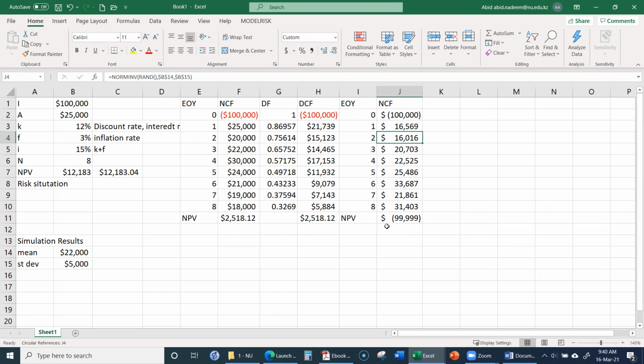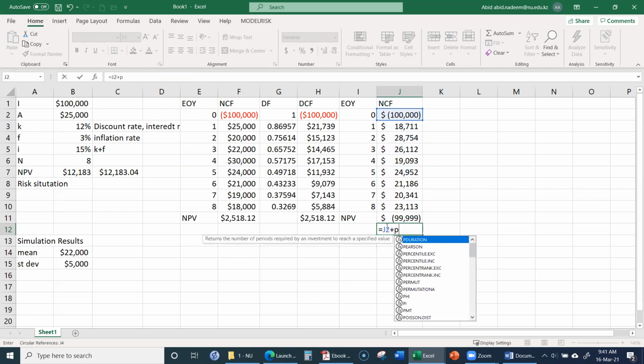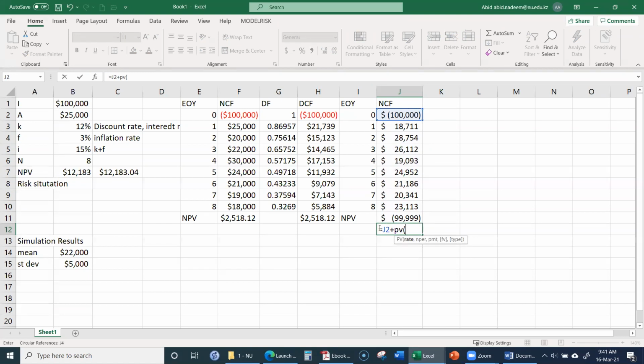Professor, can you repeat the last step? Yeah, I think there's some mistake. Okay, so equal to minus 100,000, and then this will be present value, and the rate is this 15%, and the number of periods are 8. Sorry, this will be NPV value.